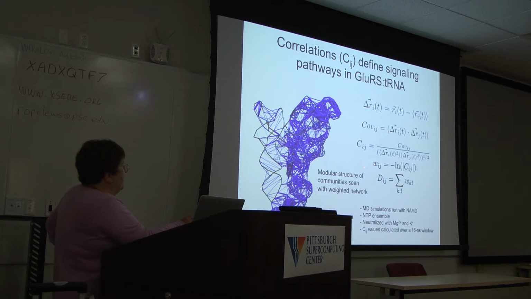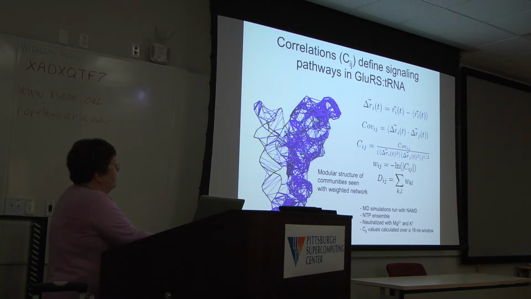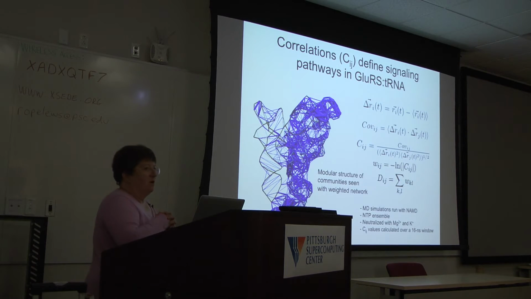And the weights are equal to minus the logarithm of this, because these correlations tend to go from like -1 to 1, right? So take a logarithm, it's going to make them all negative, so I want positive weights. So we put a negative sign here, and we put absolute values, because when we looked at this from an information perspective, we didn't care if they went this way or were correlated or anti-correlated.